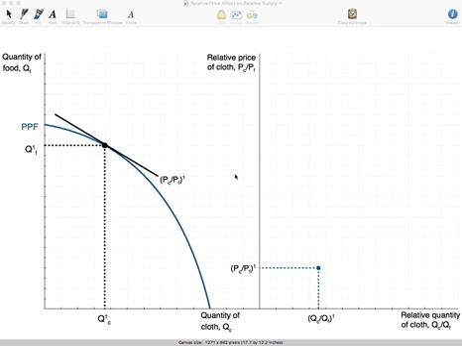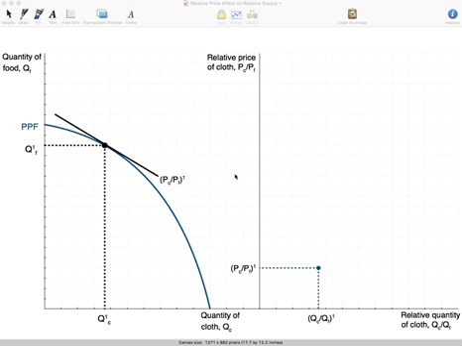So what you're seeing here is our starting point. We have our PPF. I believe in your textbook it is listed as TT. Like I said previously, I always refer to it as the Production Possibilities Frontier, the PPF. And we have a price line that gives us the ratio of the price of cloth over the price of food.